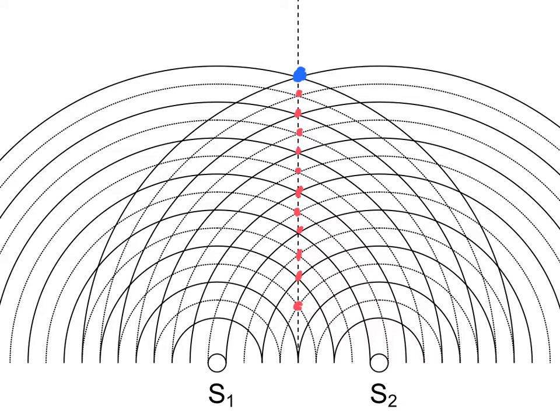What I want you to do is imagine how many full wavelengths a wave from source number 1 has to travel to get from here to that point. And again, just to remind you guys, what exactly is the definition of a wavelength? Well, a wavelength is nothing more than the distance from one crest to another crest, or from a trough to another trough.